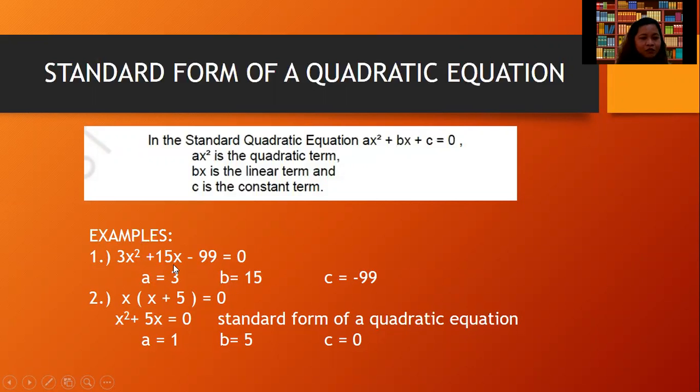So our second term here, our linear term, is 15x. So therefore, our b is 15. And in finding c, c is our constant term. We have no other number here except 99. So therefore, negative 99 is our c.